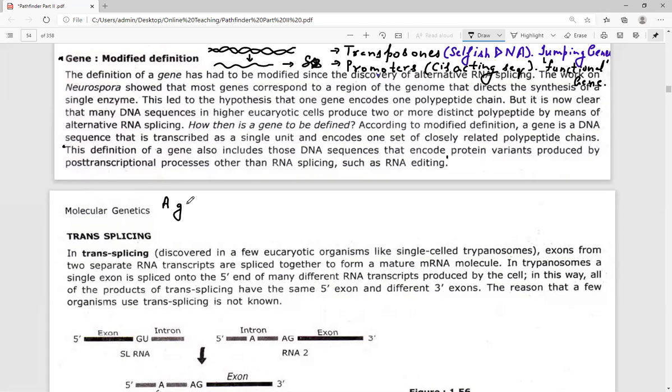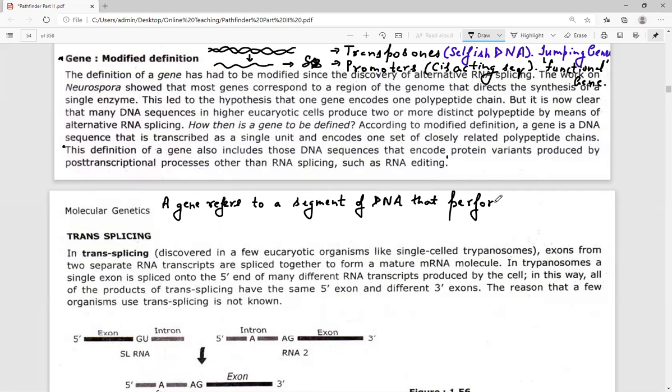A gene refers to a segment of DNA that performs a specific function.